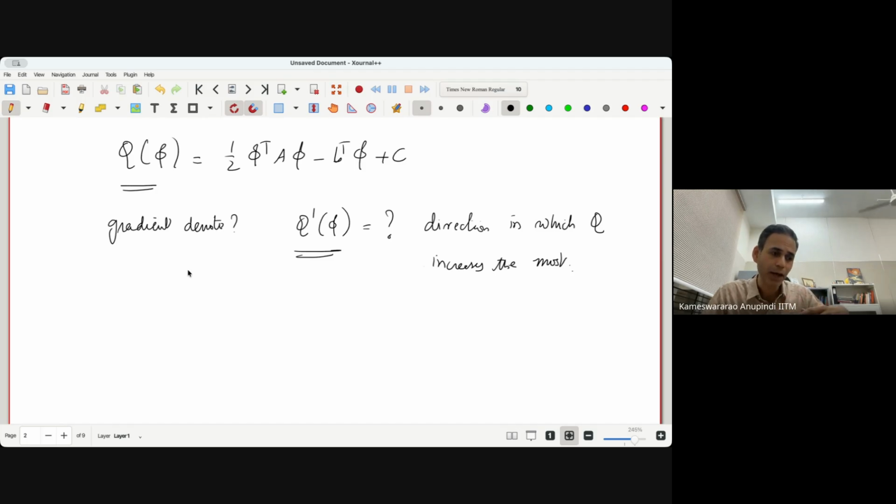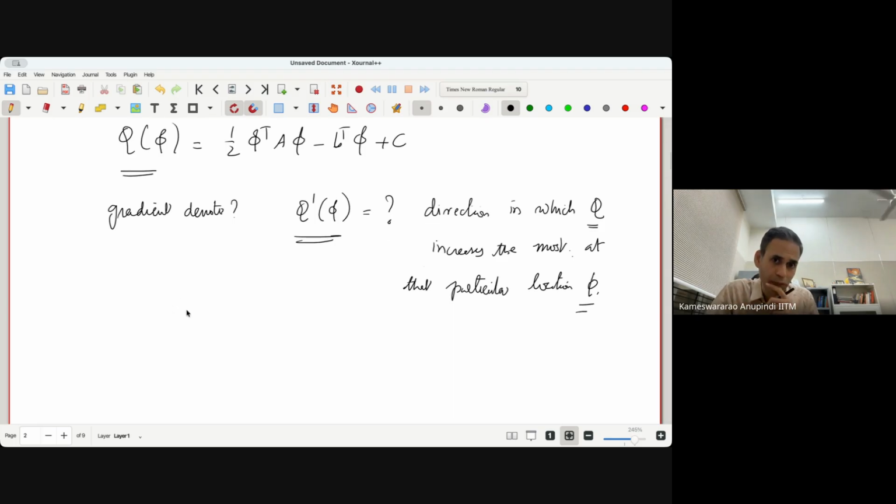If you were to plot these vectors, the gradient of phi is going to point in the direction in which phi increases the maximum, where there is a maximum possible increase at that particular location phi. So that is what it actually denotes.